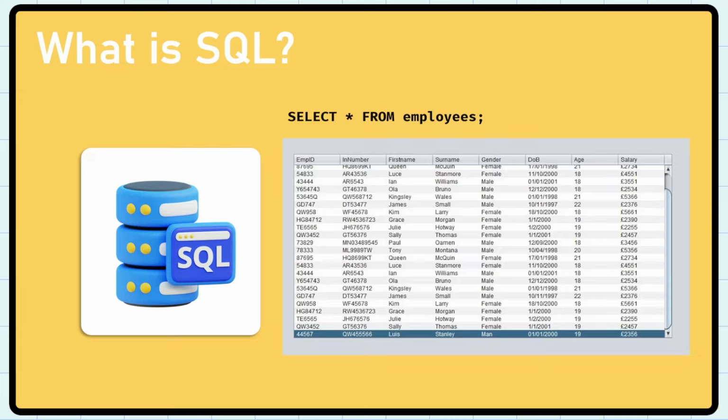Let's say there is a database of an organization and there are lots of employees working in that organization. Now let's say you are searching for all the employees working in your organization, right? What you have to do is just write the query and run it, and it will fetch all the data from your organization.